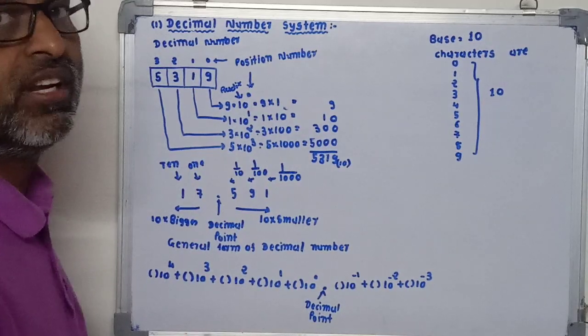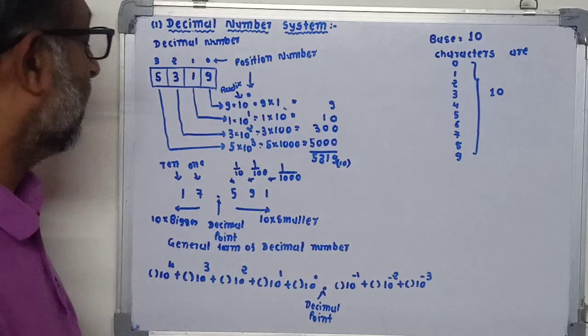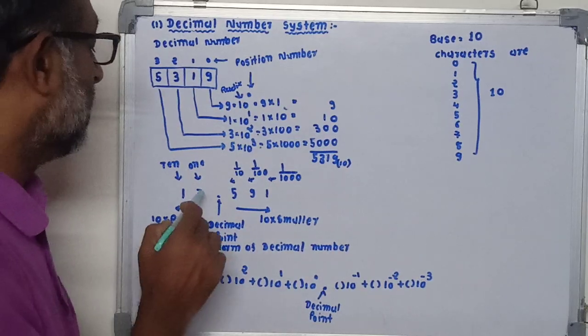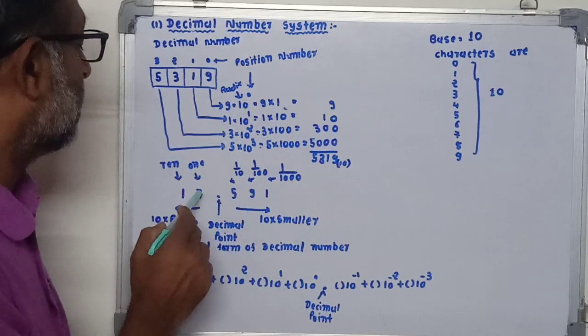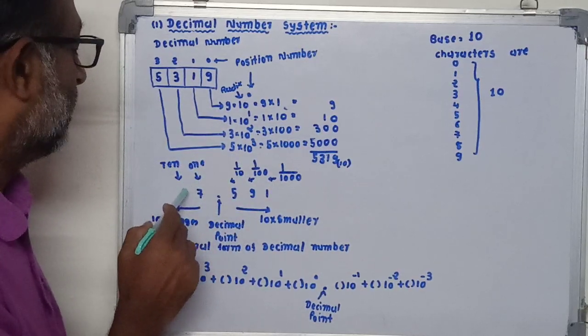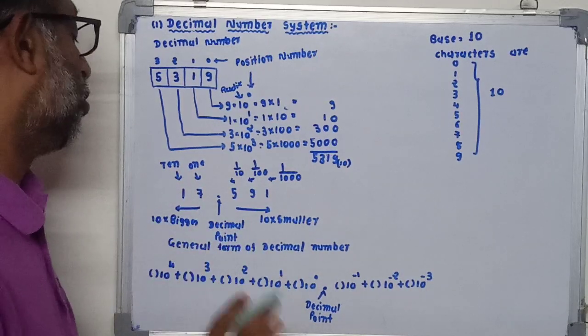Now similarly we will understand another decimal number which has a fractional part also. That means 17.591. So 7 is the 1's place and 1 has 10 raised to 1, because there are only 2 digits.